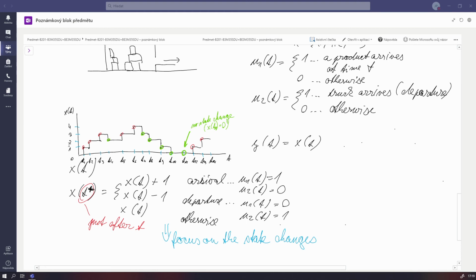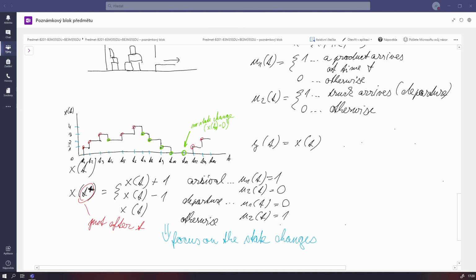So if we have a time-driven system with discrete states, it may happen that at the sampling intervals, no event occurs and no state change is performed.